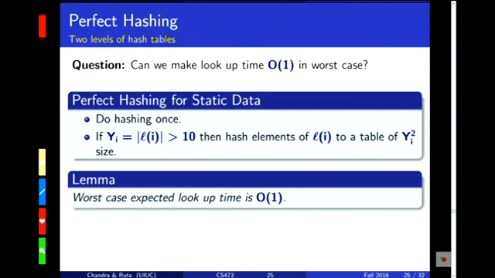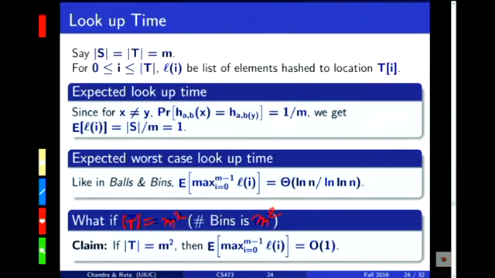You know that no linked list size is more than order 1, right? So whichever position you go to in the second hash table will have order 1 linked list size. That's what the previous lemma is saying, because m is the size of the linked list going to the second level hash table.